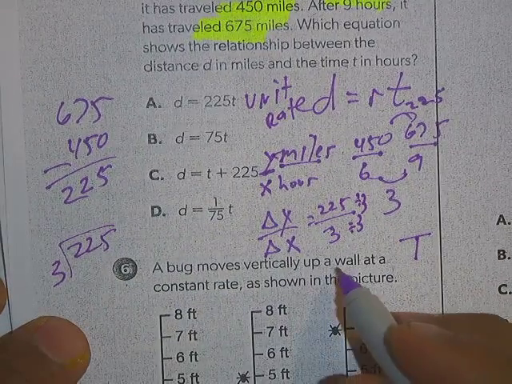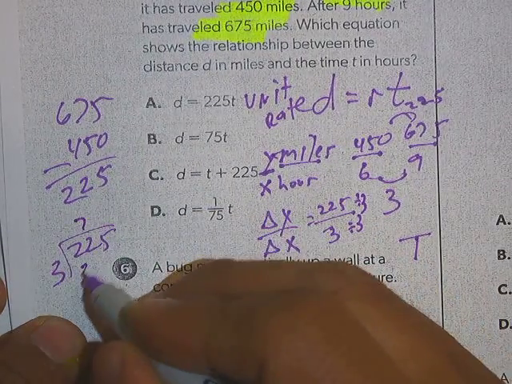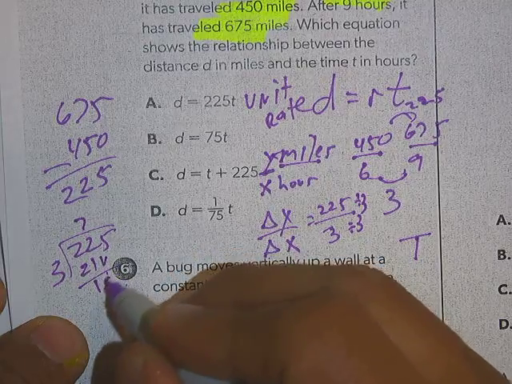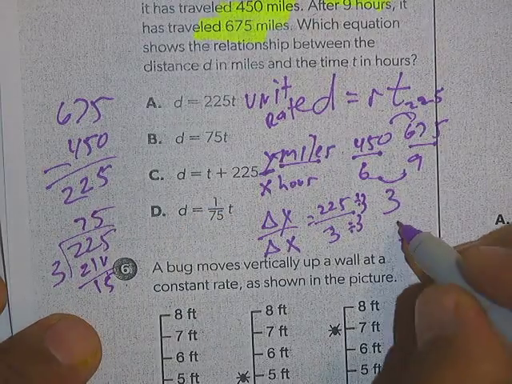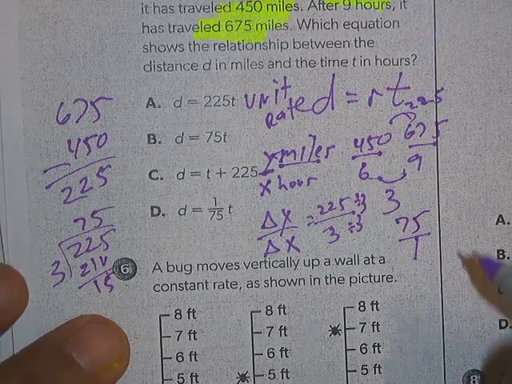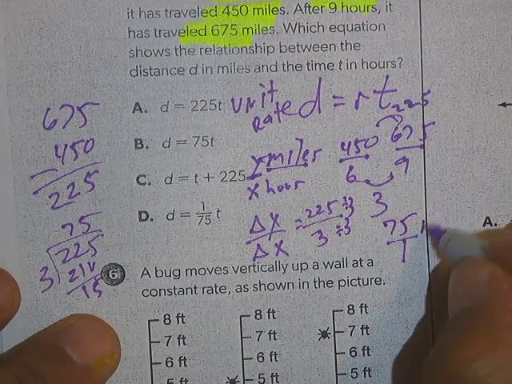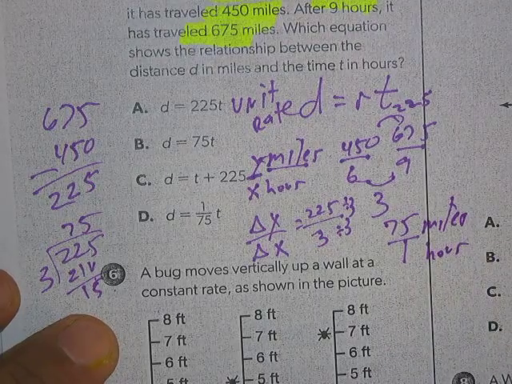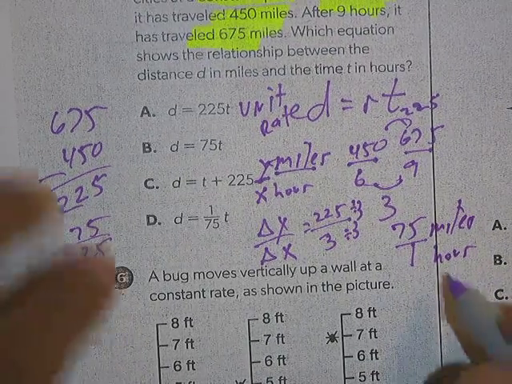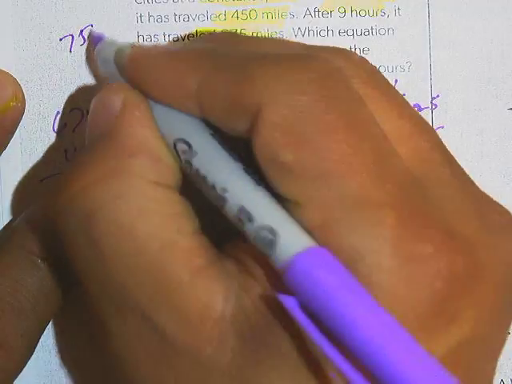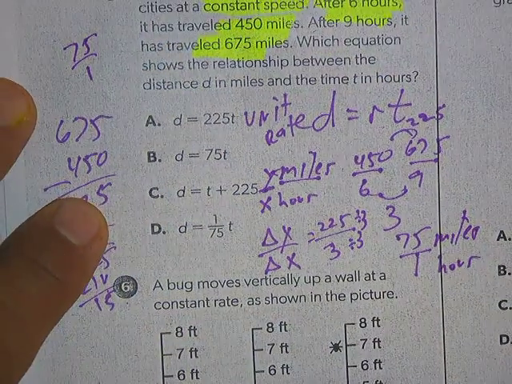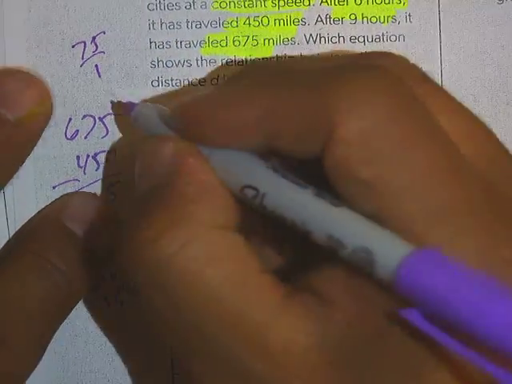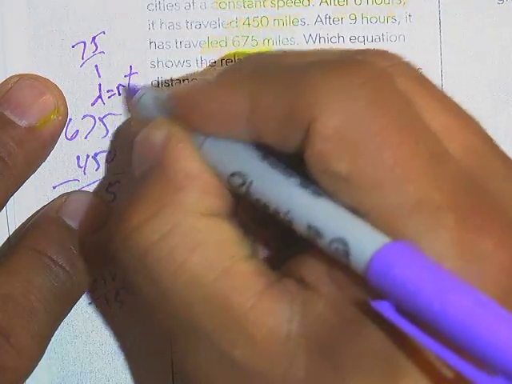Because I'm looking for rate of change, I can also find the unit rate. So if I divide by 3, 3 divided by 3 is 1, 225 divided by 3 is 75. So what does this mean?